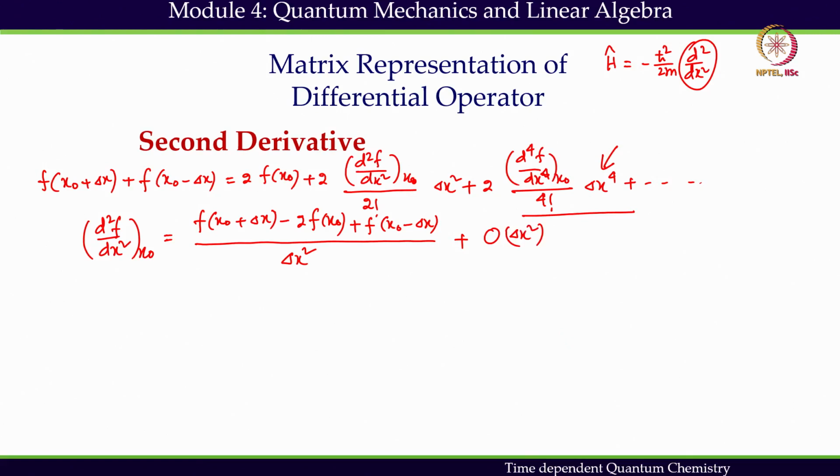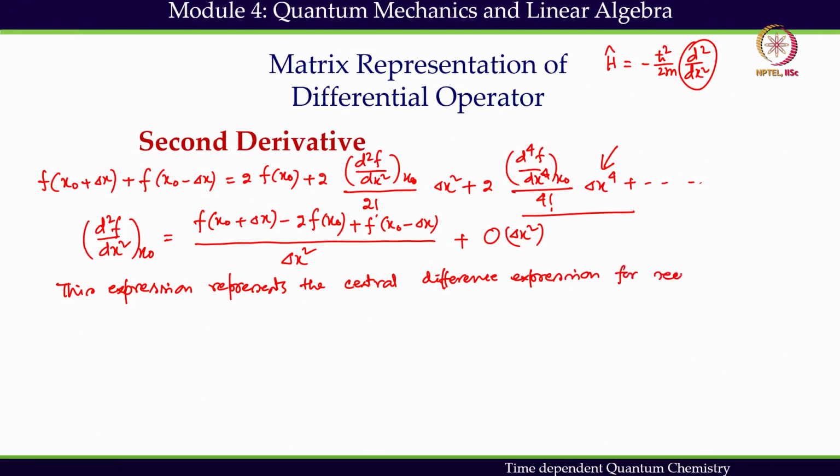So, this expression represents the central difference expression for the second derivative at point x naught, and this exhibits an error which is delta x square.